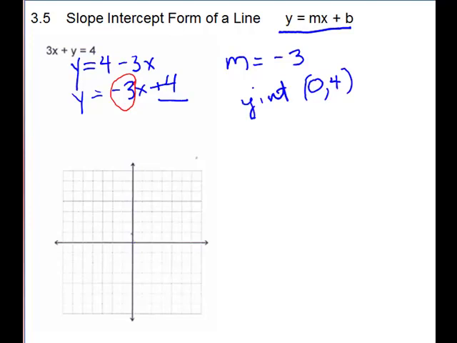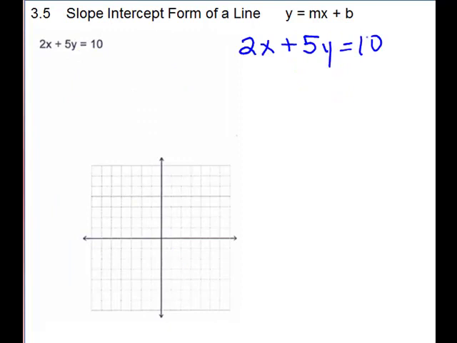Don't go over, go up 4. 1, 2, 3, 4. Make a point. We'll make the slope look like a fraction so we can put it over 1. So it says we're going to go down 3 and 1 to the right. 1, 2, 3, and 1 to the right. And connect the dots.